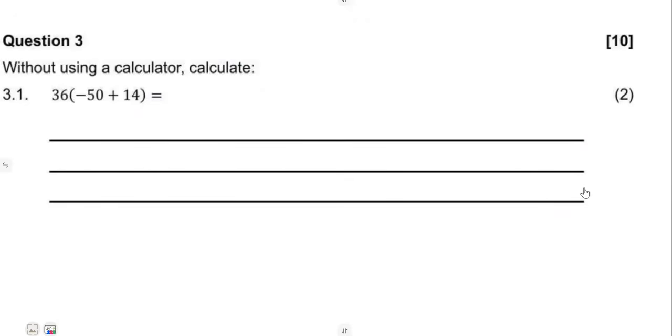Let us consider another part, question number 3. Without using a calculator, that is the first part we are told not to use a calculator. 3.1, we are supposed to calculate this. Minus 50 plus, let's consider the brackets from our BODMAS. Inside the brackets, minus 50 plus 14.